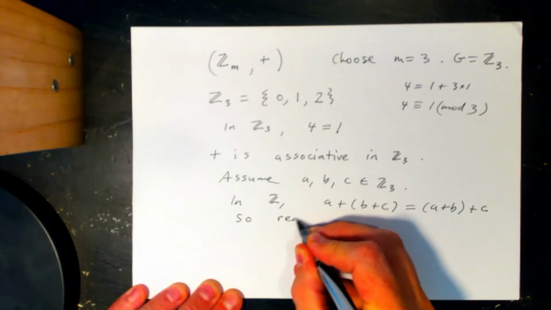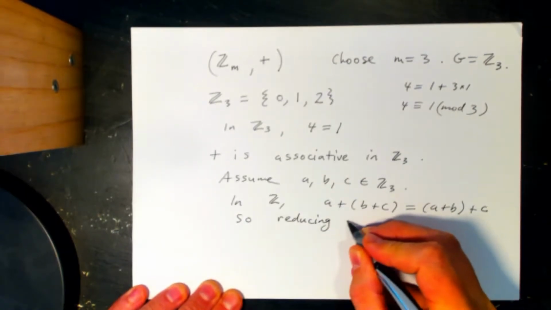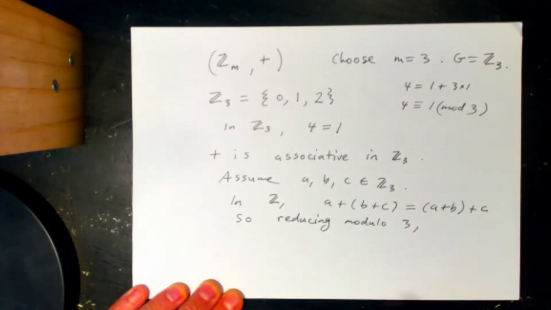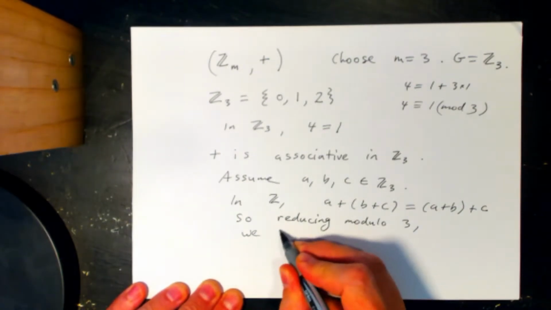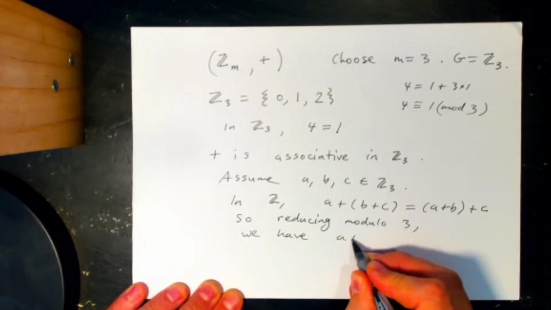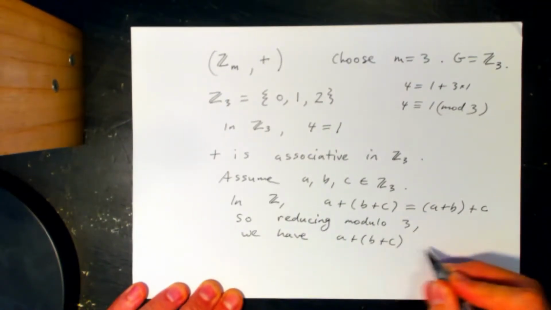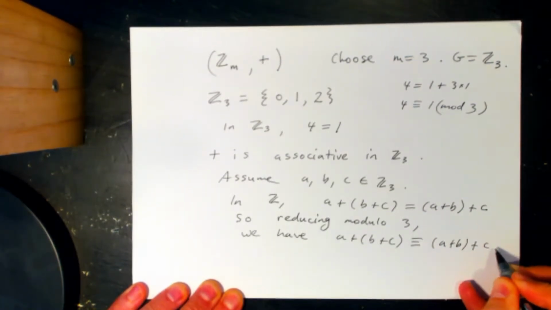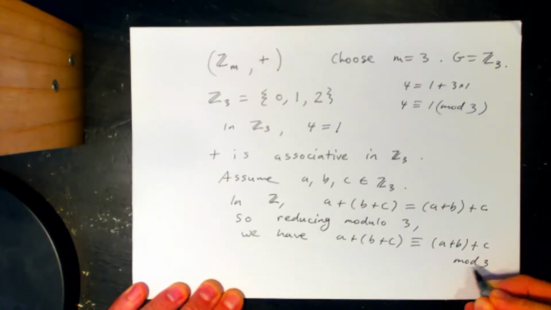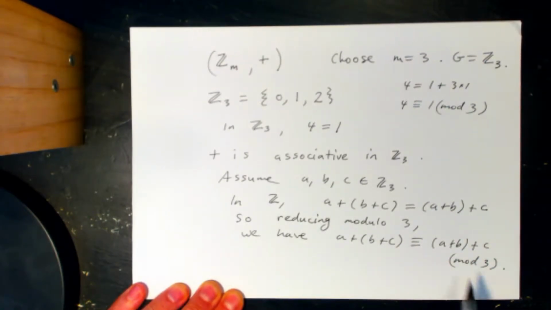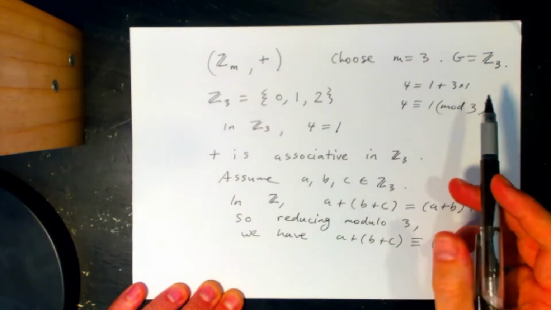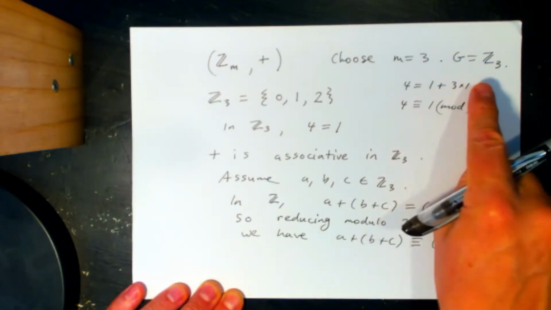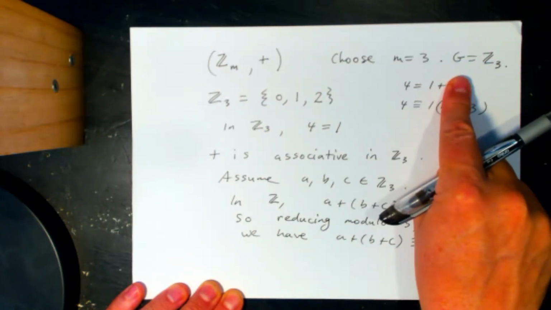So reducing modulo 3, we have A plus bracket B plus C is congruent to bracket A plus B bracket plus C mod 3. Okay, because we can write an equation like this and then focus on the least positive remainder modulo 3 by just ignoring this part of it.